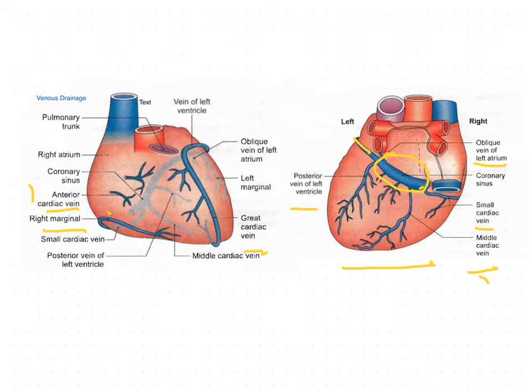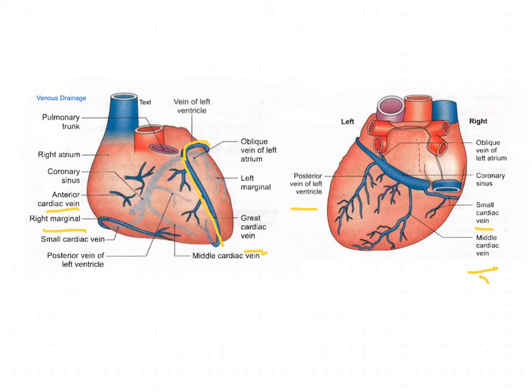So this coronary sinus receives the following tributaries. What are the tributaries here? The first one is the great cardiac vein. Normally this great cardiac vein accompanies the anterior interventricular artery, and then the left coronary artery, to enter the left end of the coronary sinus.